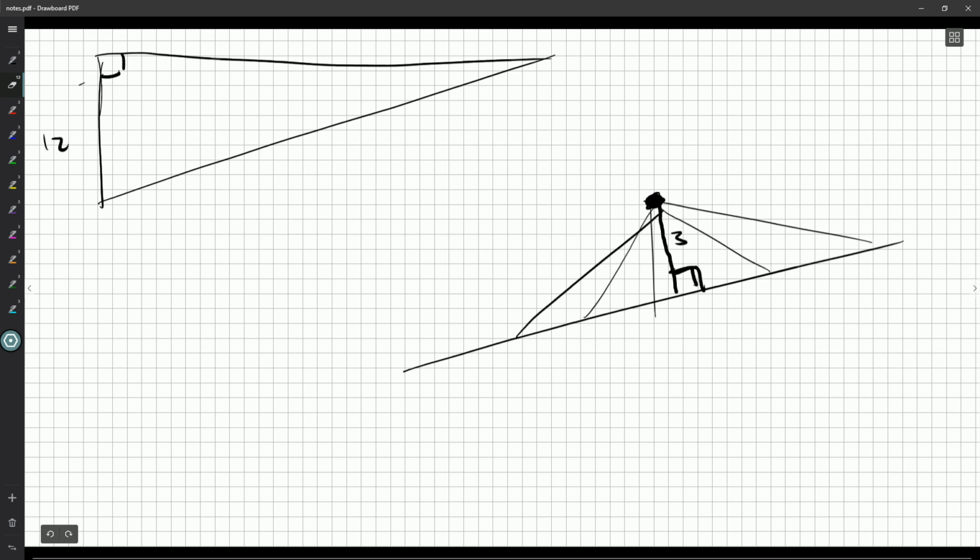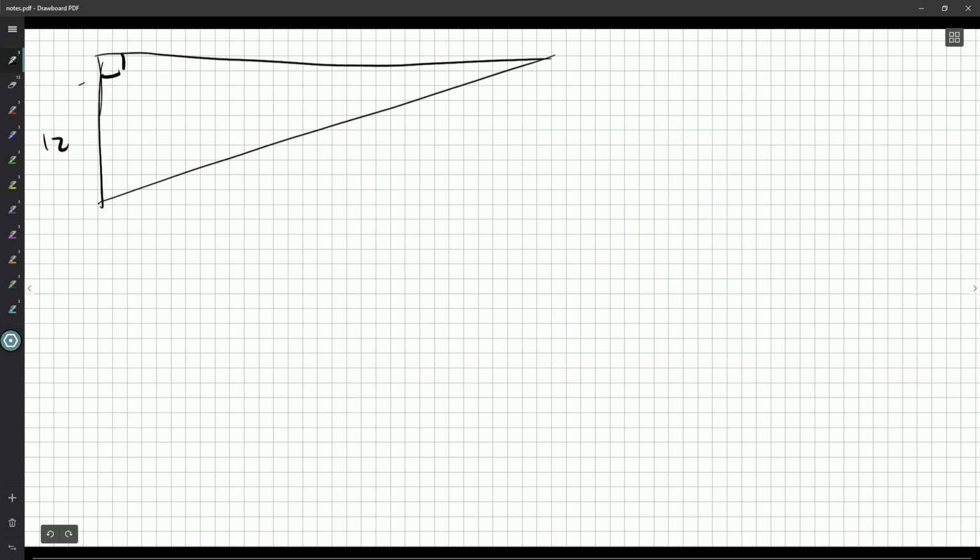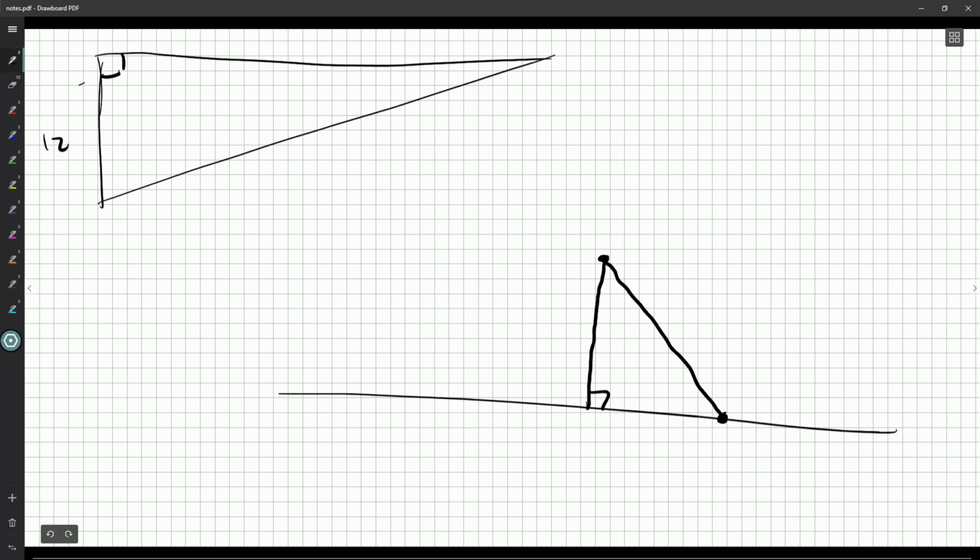Now, we're going to take a little detour away from the question. If you've never seen this before, why would it be a right angle? Well, imagine that wasn't the shortest distance. Imagine some other distance was shorter. Maybe this distance is 3, but somehow this is a shorter distance of 2.